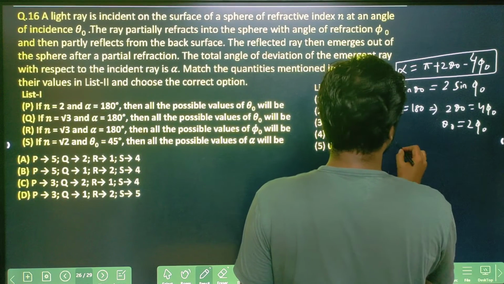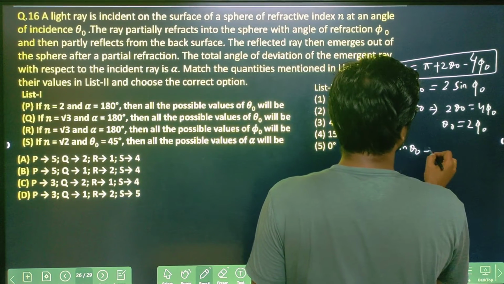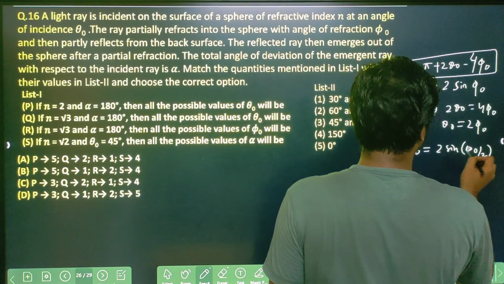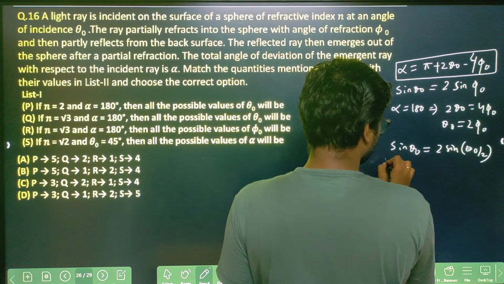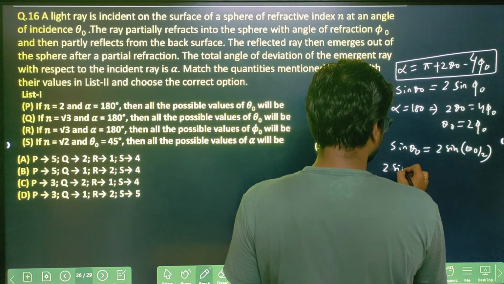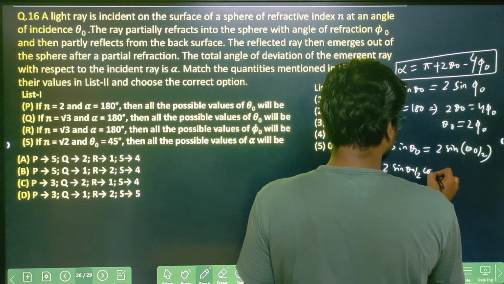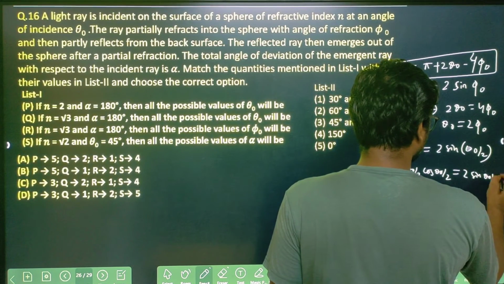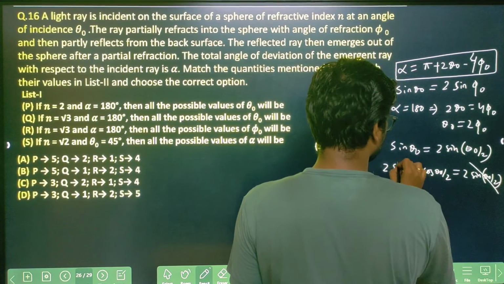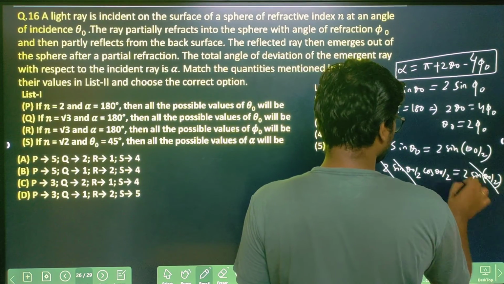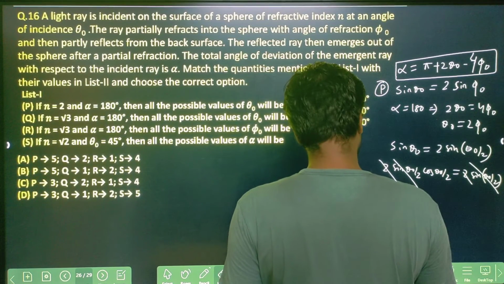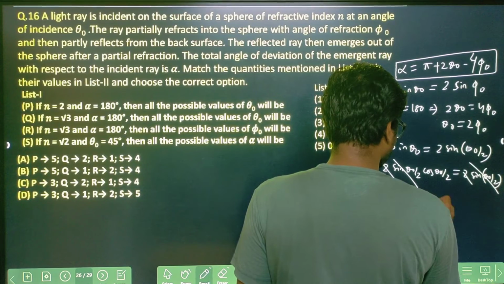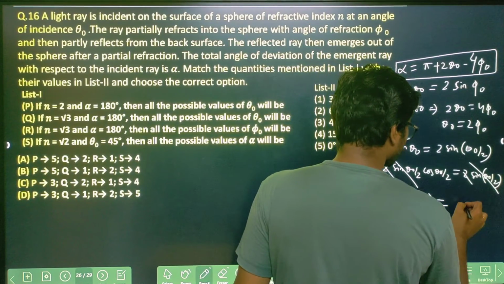So you can write sine of theta naught is equal to 2 sine of theta naught by 2. Clear? You can write 2 sine of theta naught by 2 cos of theta naught by 2 is equal to 2 sine of theta naught by 2. So sine theta naught by 2 cancels out, the 2 cancels out. Clear? And cos of theta naught by 2 you got as 1.